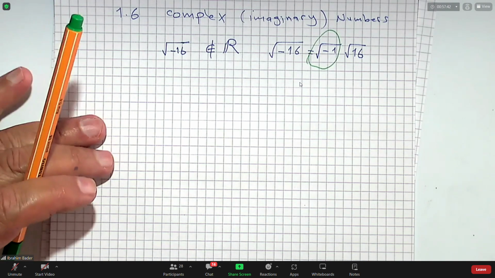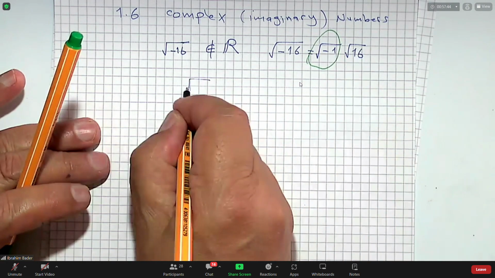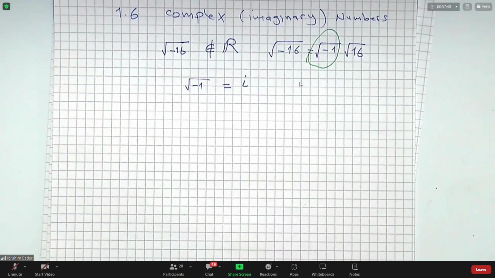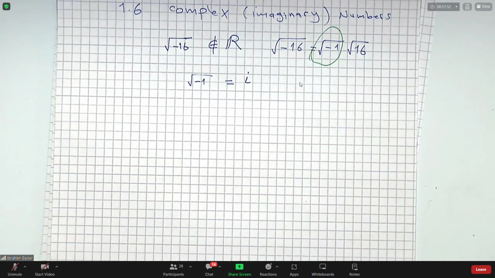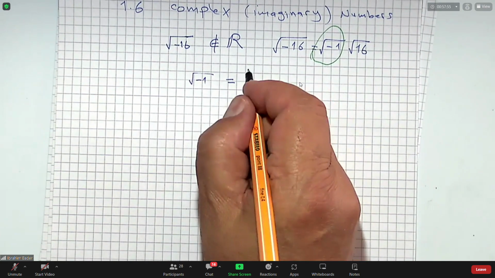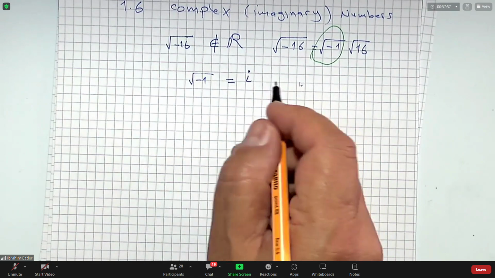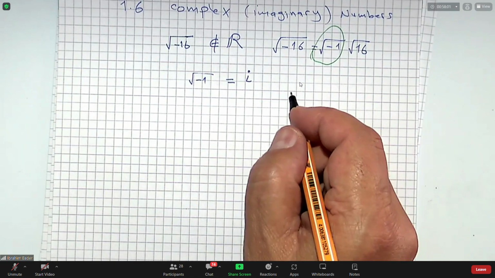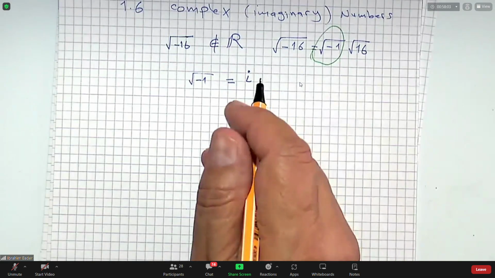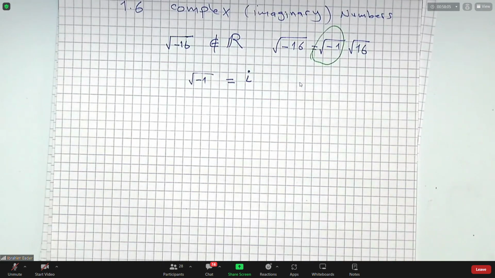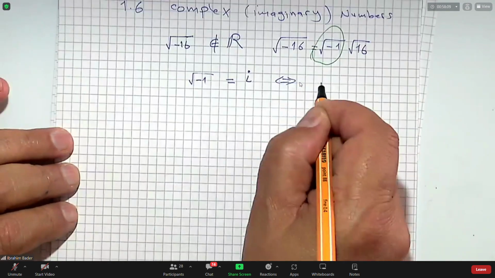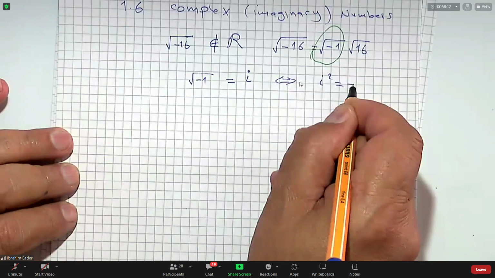So if we call this square root of negative 1, they just call it i for imaginary, and they expanded the real numbers to involve it. Some literature doesn't like this notation because they say negative roots do not exist, but this is equivalent to i squared equals negative 1.